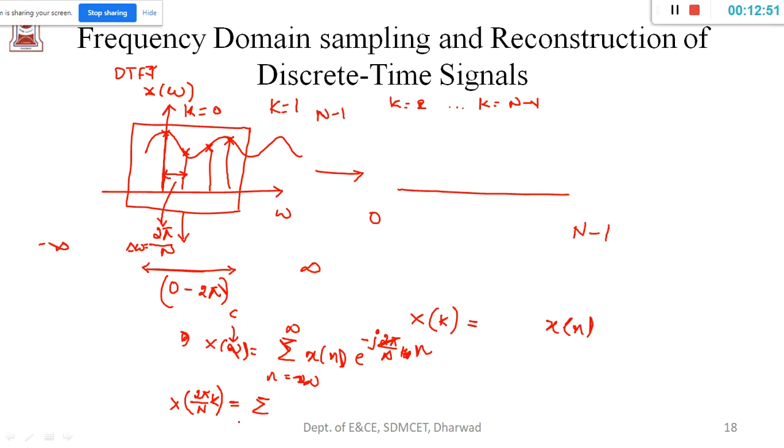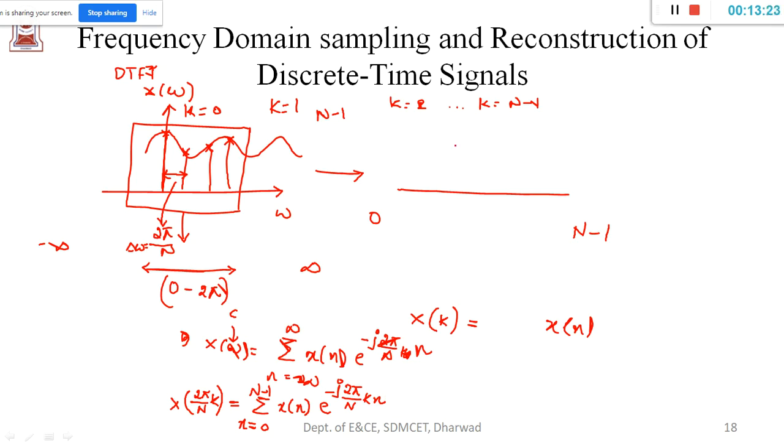Instead of minus infinity to plus infinity, I am considering the sequence from 0 to N minus 1 samples, of your input signal x of n e to the power of minus j 2 pi by N kn. So this is how we obtain DFT from DTFT, right?